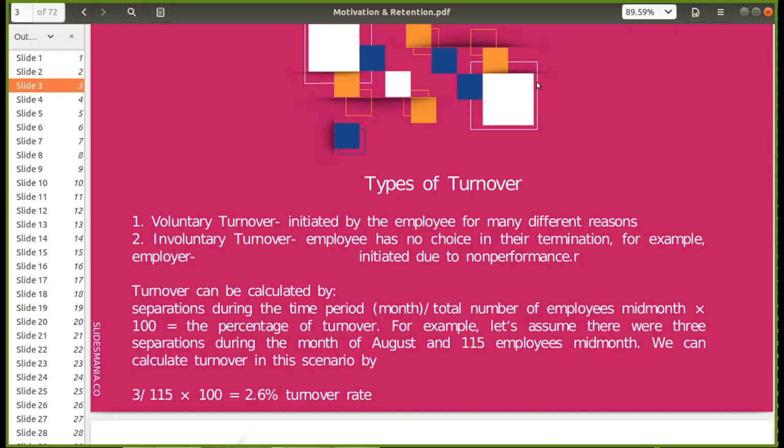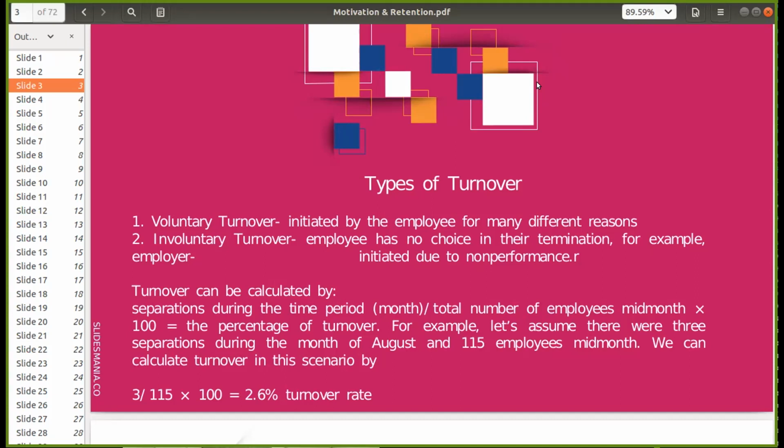For example, for January, kasi nagbigay na ng 13 months, so marami na nag-resign ng January, no? So let's assume that there were 3 separations for the month of January, and when there are 115 employees mid-month, no? Mid of January.